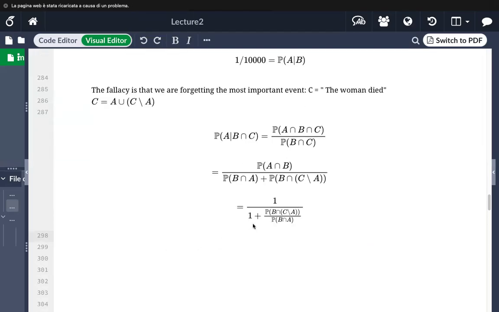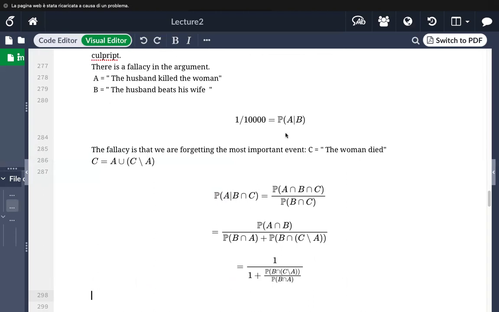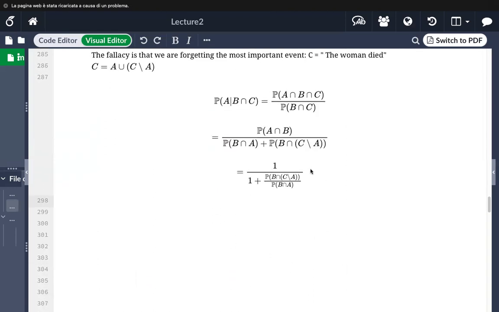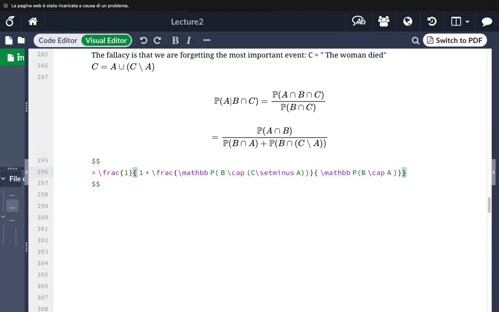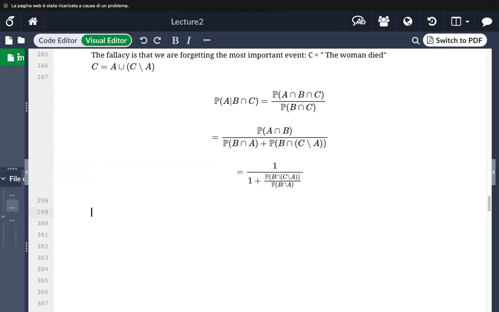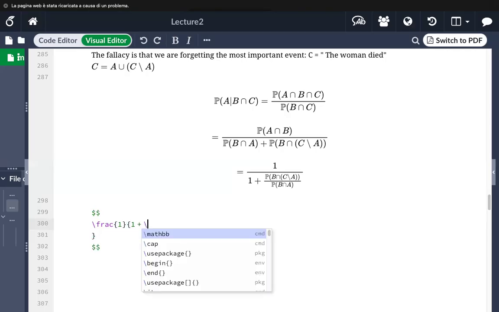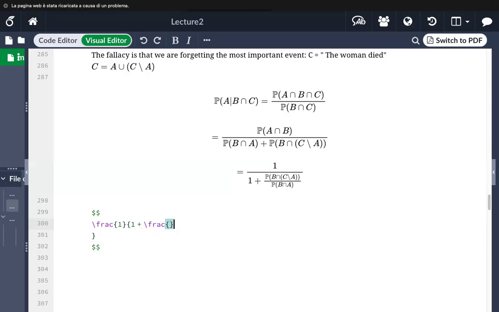So you see, actually, what does it matter? Let me give a successive passage. It's a matter of computation. You can easily see that this is equal to the following.